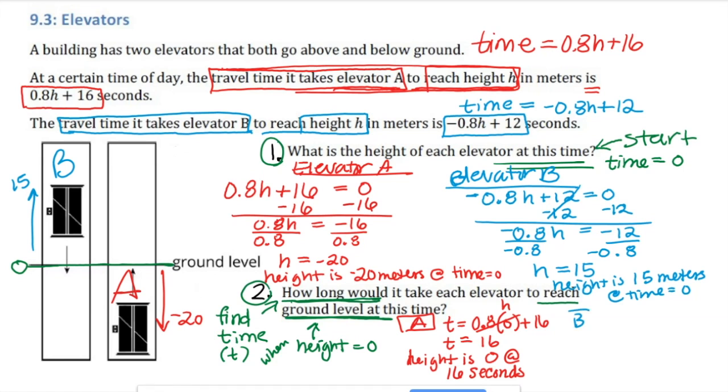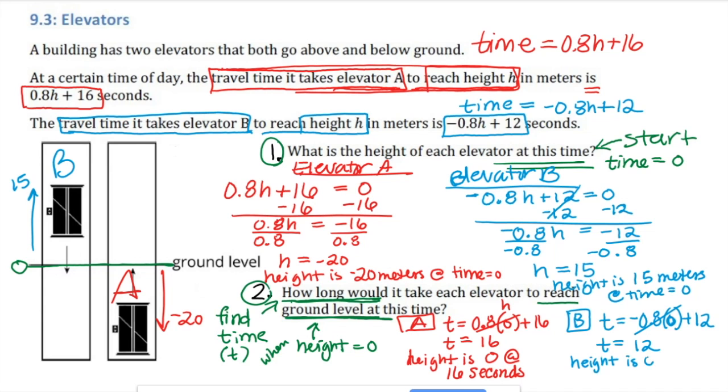So for elevator B, let's do the same thing. What's the time going to be when the height is 0 feet, or meters, excuse me. So when the height is 0, now we're replacing the h. Negative 0.8 times 0 is just 0. And I get t equals 12.